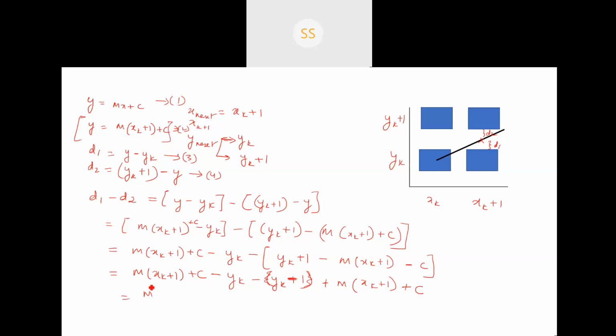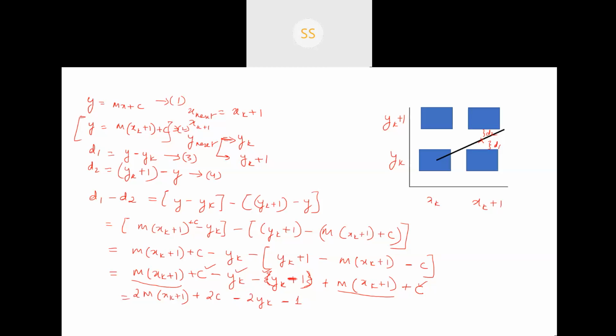So I have one term of m of xk plus 1, and one more term of m of xk plus 1, so I can write it as 2 times m of xk plus 1. Then I have two terms for my c, so plus 2c. Then I have two terms for my yk, so minus 2yk. Then I have only a single term for 1, that is minus 1.